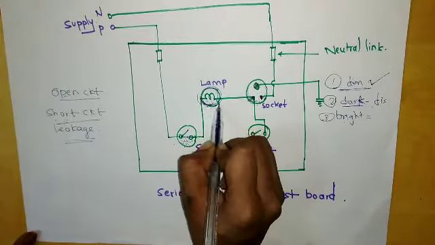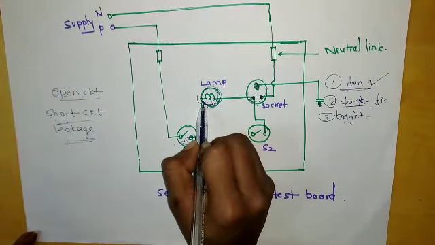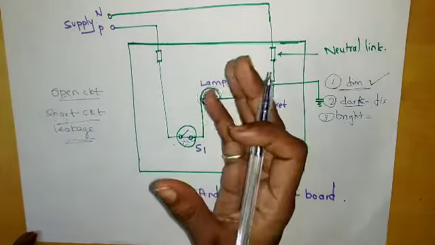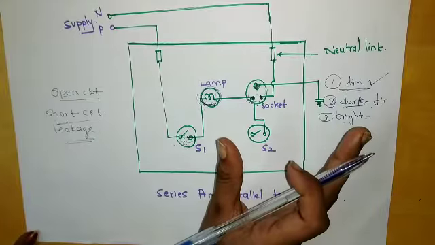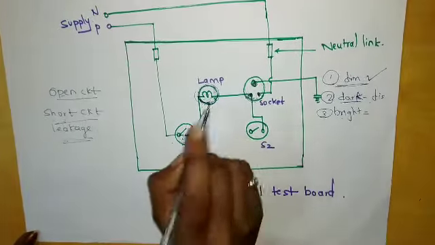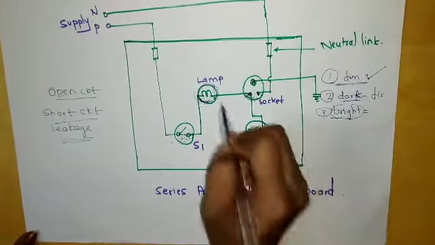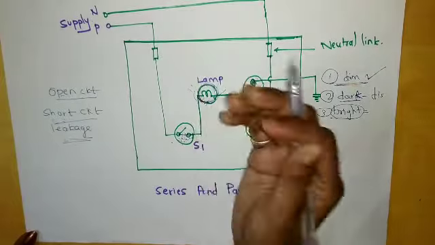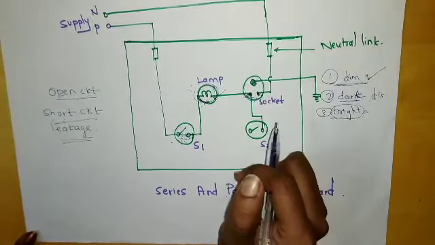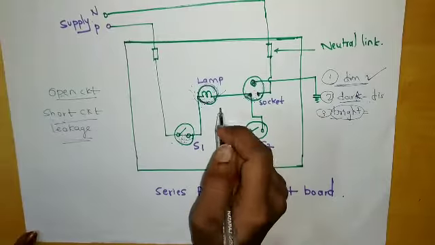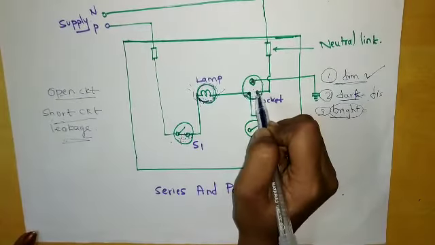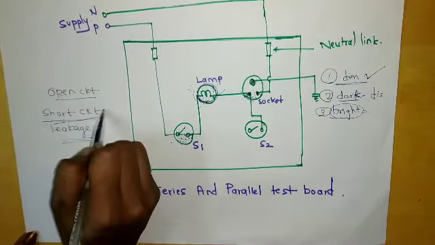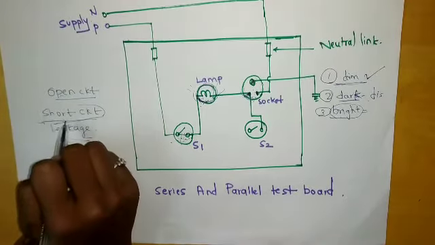If the lamp is not shining, it is a dark condition, that means there is an open circuit fault. Now the third point: if our lamp is glowing very bright, then the fault in the appliance is a short circuit fault.